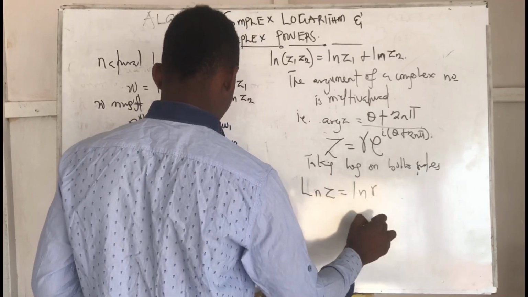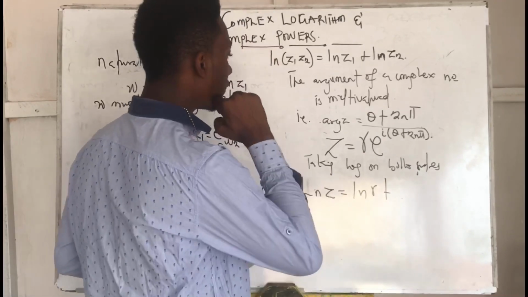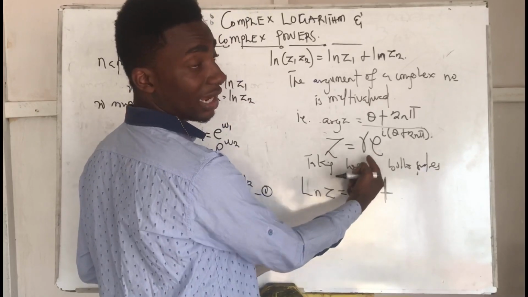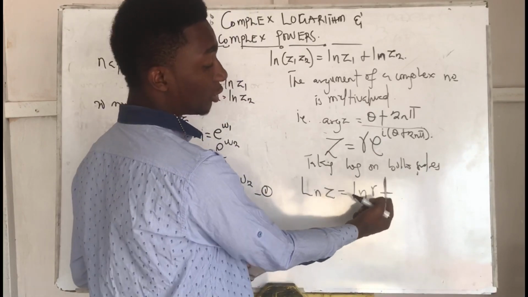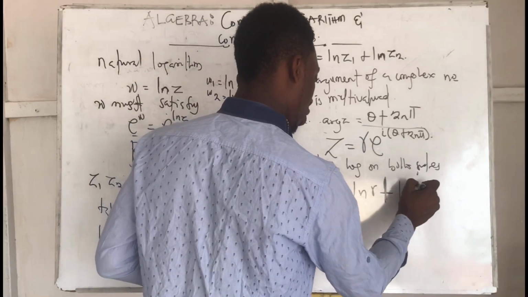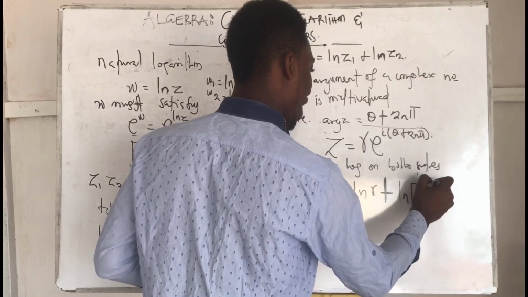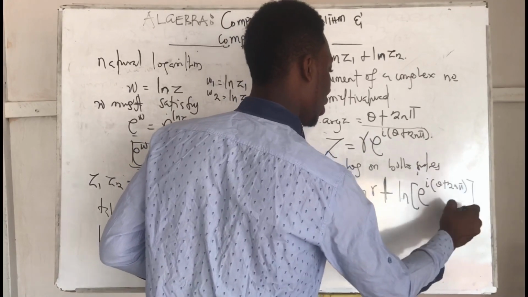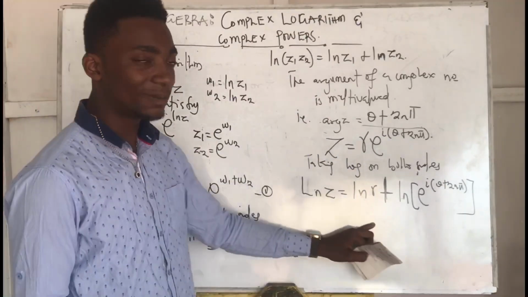Log r plus, in logarithms when there is multiplication, you bring your plus, which is what? Your log of e exponent i into bracket theta plus 2n pi. So this will be the expression now.